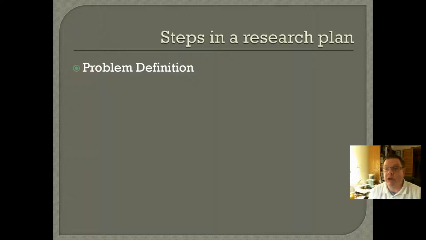Steps in a research plan, obviously, problem definition. What is the problem that we're dealing with? And this is where you have to be careful. You're defining the research based on the problem, but the problem might not actually be the actual problem.